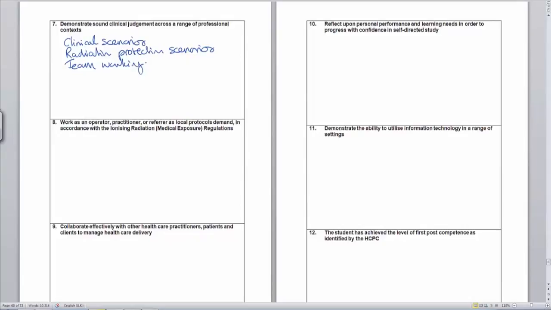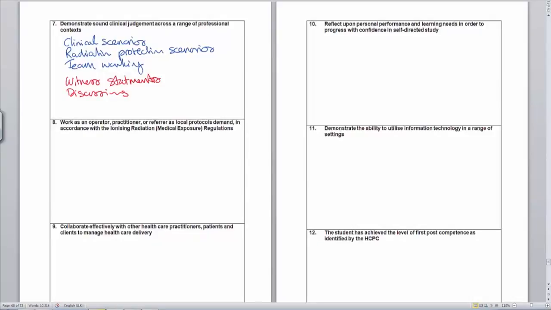So this doesn't necessarily have to be purely clinical scenarios, but it depends on how you're interpreting the word clinical. Anything that can affect patient management really should be clinical, so this would include things like teamworking. Again, things like witness statements from other members of staff about how they've worked within the team. Clinical scenarios, you can give them radiation protection scenarios, and then they can discuss that with you. So all of those are okay to have around that particular context.